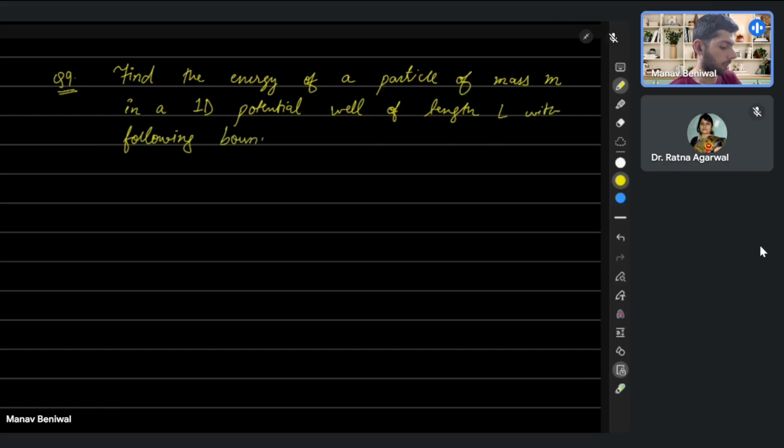So we are given some boundary conditions for a one-dimensional potential well, and we are asked to find the energy of a particle in the well.